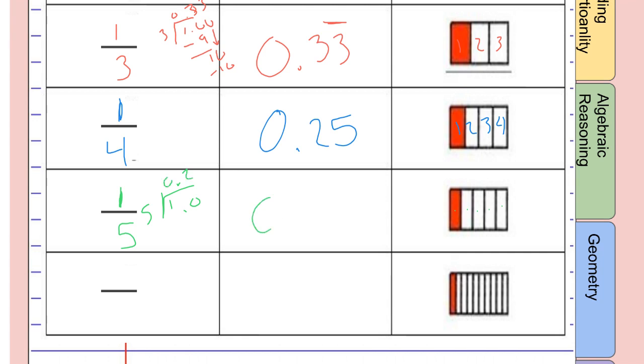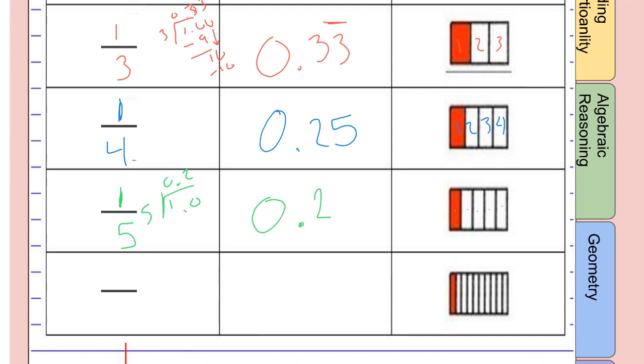So 1/5 is equal to 0.2, 2/10. And if you think about 100 as your whole, how many $20 bills does it take to get you to 100? It takes 5 of them. So that's why it's 0.20. Because if you add up 20, 40, 60, 80, you get to 100 on the 5th one.